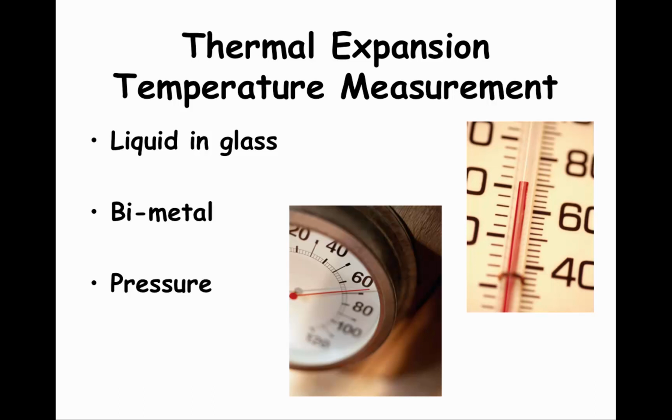There are many different ways to measure temperature. This slide shows 3 ways to measure temperature based on thermal expansion. The devices are pretty simple, easy to use, and portable. Mercury used to be used in liquid in glass thermometers, but mercury spills from broken thermometers pose environmental and safety risks, so they were replaced by safer options.